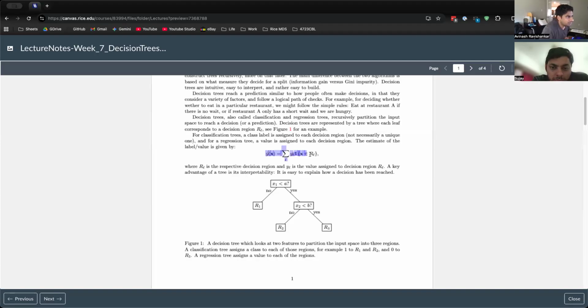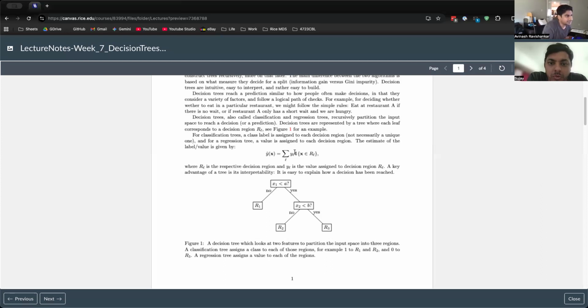Can you explain this formula here, Sujay? This is nothing, just a choice formula. What they are saying is, suppose we are doing classification. We divide the space into a few regions, and in each region we assign a label, right? Now if X belongs to the region R_L, then the corresponding output should be Y_L. Y_L can be a label for classification, and Y_L can be a number for regression.